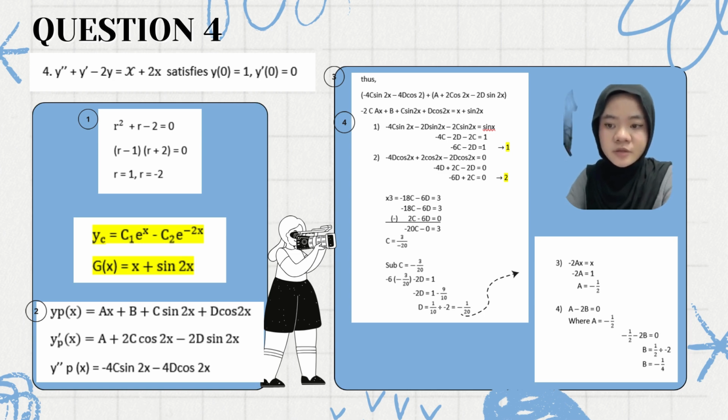So solve the equation negative 2a equal to x, get a equal to negative 1 over 2, and then from equation a minus 2b equal to 0, get b equal to negative 1 over 4.